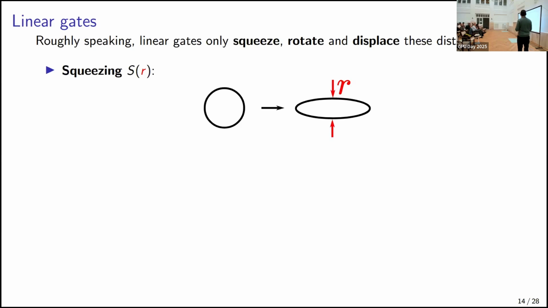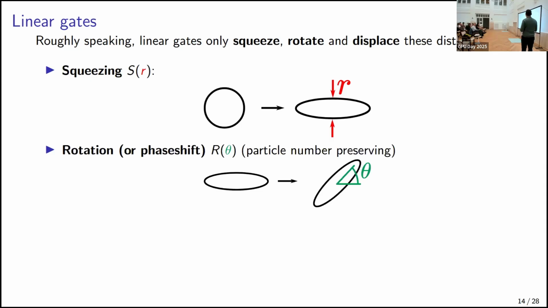So how do they work? A squeezing gate, if you start from a circle, which represents a Gaussian distribution that is uniform in every direction, squeezes your state into one direction. Typically, it is the position direction. Then you have rotation or phase shift gates, which are particle number preserving.